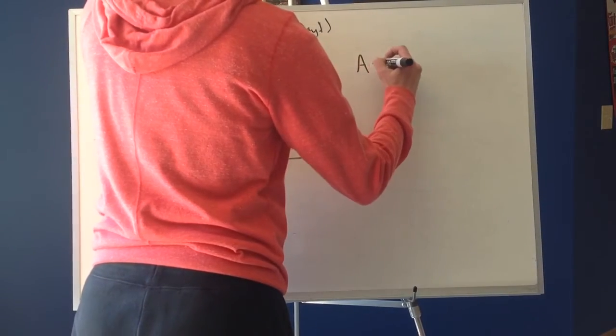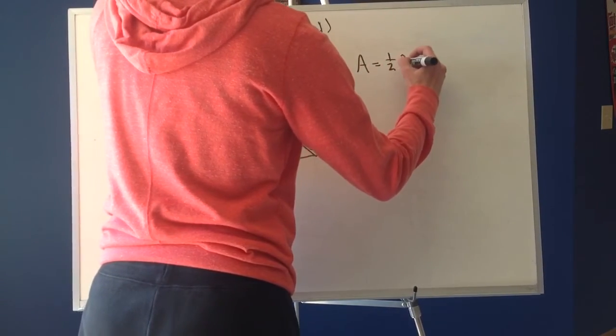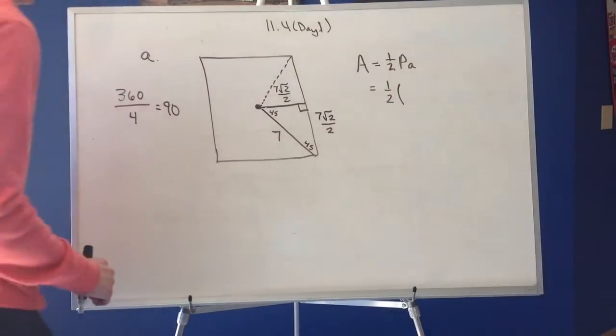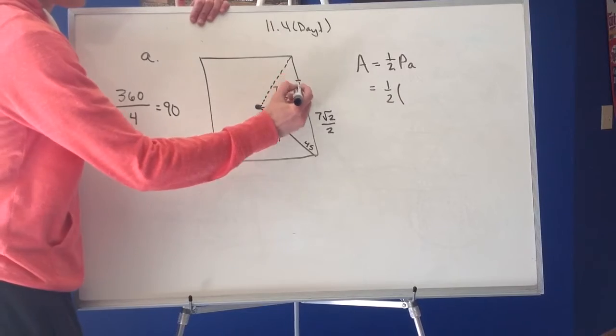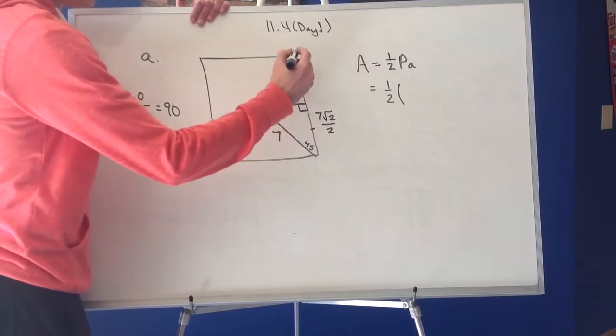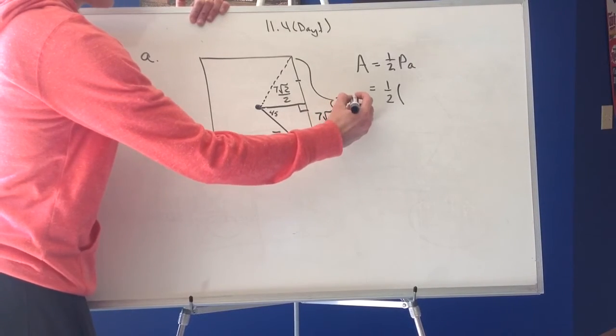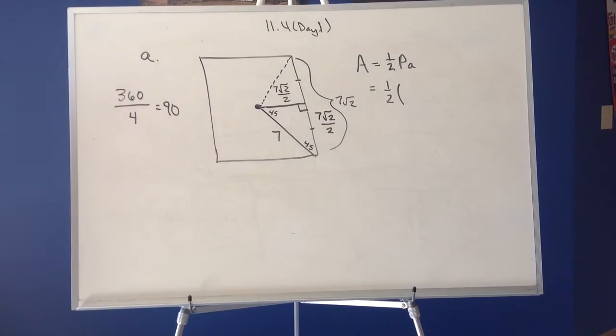So now we can go ahead and use our formula. First thing we want to find is perimeter. Remember how I said this cuts it in half. So that is half a side. If I take that times 2, I get 7 square root of 2 as a whole side.